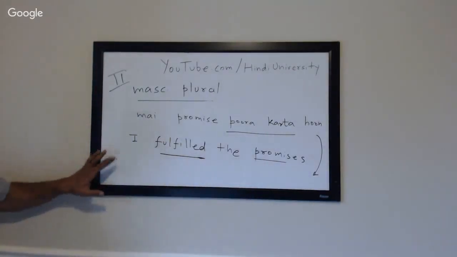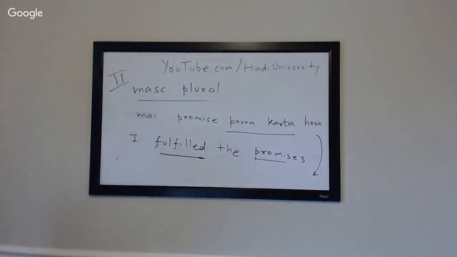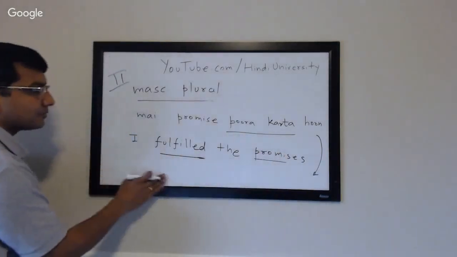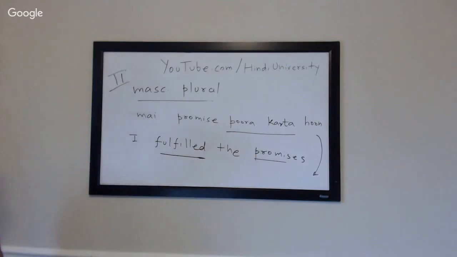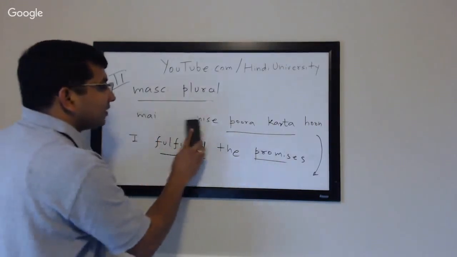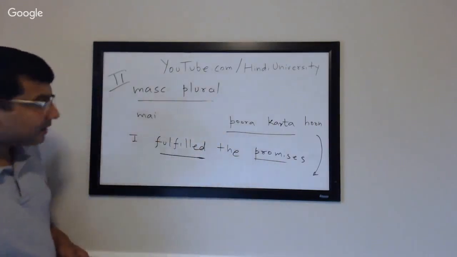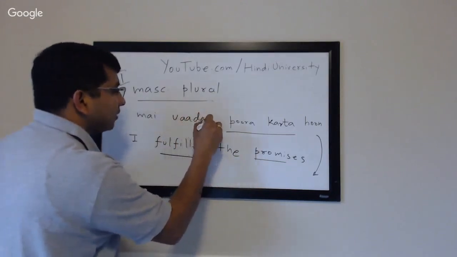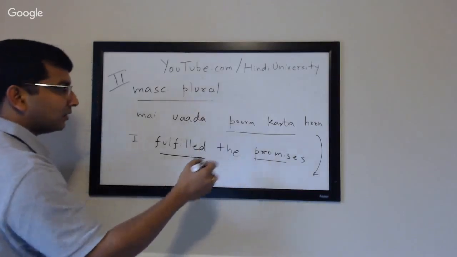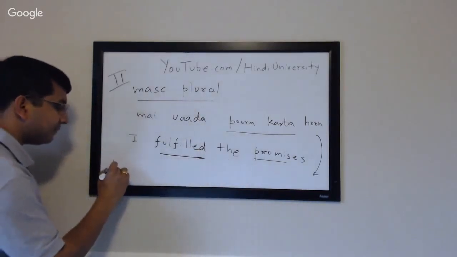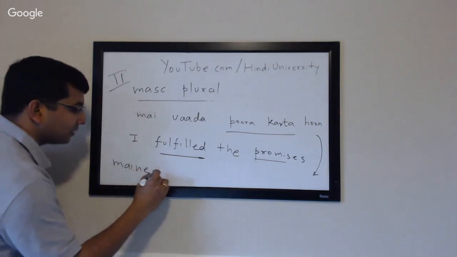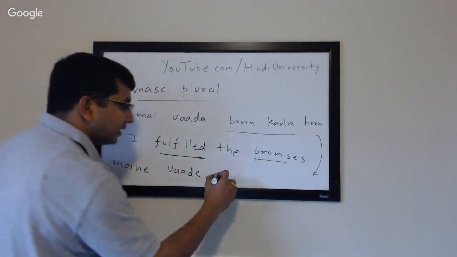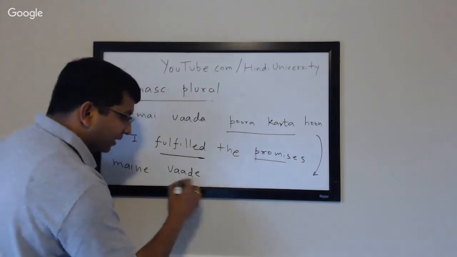Okay, so this one. Let's say in this case you're talking about many promises. The word for promise is vada. So present tense you say मैं वादा पूरा करता हूँ. In the past you will say मैंने वादे पूरे किए, because you're saying plural, right?